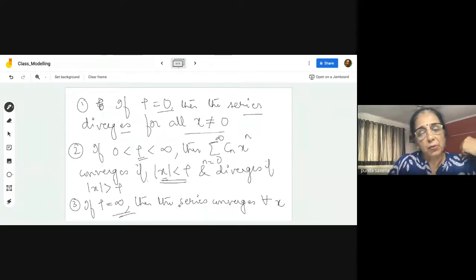Every time we start with the power series solution of a differential equation, we solve it in the sense that we make that solution satisfy the differential equation. We obtain the values of the coefficients. And once we have the Cn's with us, we can check whether the series is going to be convergent or not. Obviously, we would like our rho to be infinity.